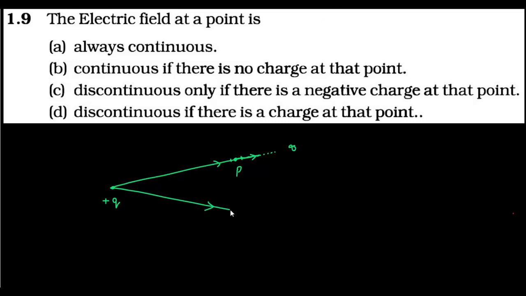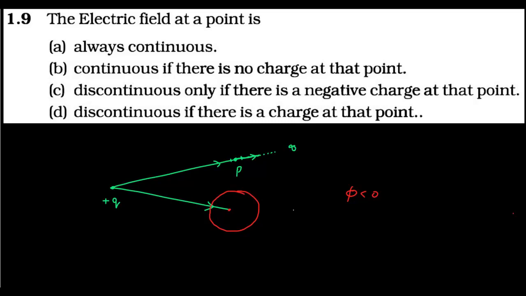Now consider this point and assume a Gaussian surface. If you look at this Gaussian surface, this flux line is entering it, and hence the flux associated with this Gaussian surface is negative. Clear?